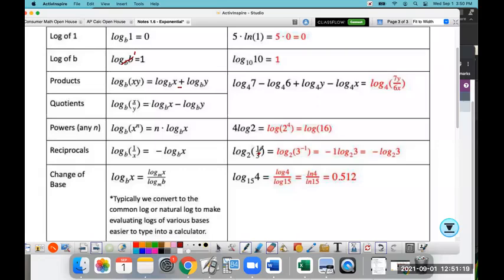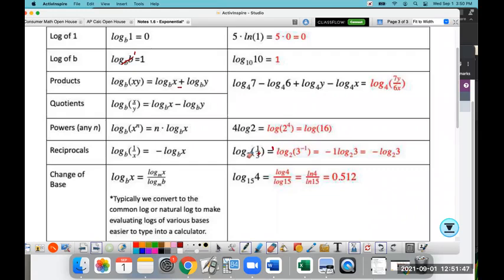Okay, I have a power inside of my log. Let me take that power and apply it to the outside. So then I have a -1 on the outside, or just a negative. So essentially, looking from the beginning to the end, if you have just 1 over something inside of your log, you can take that something in the denominator, write it normally, and put a negative in front of your log.